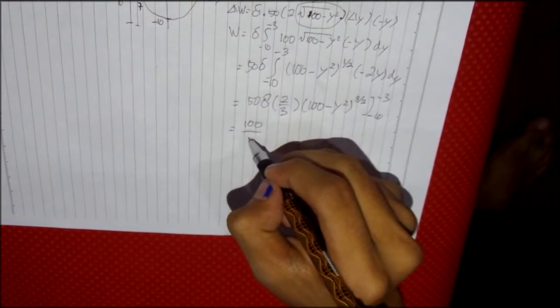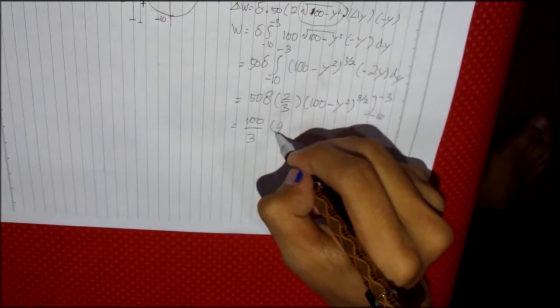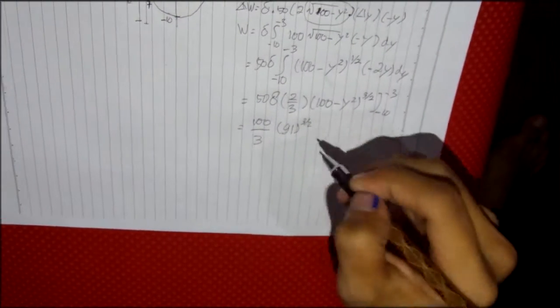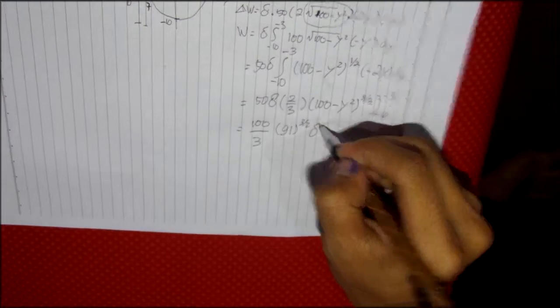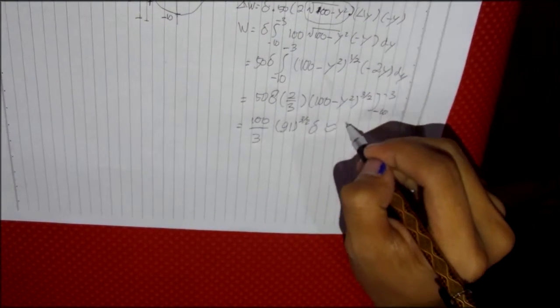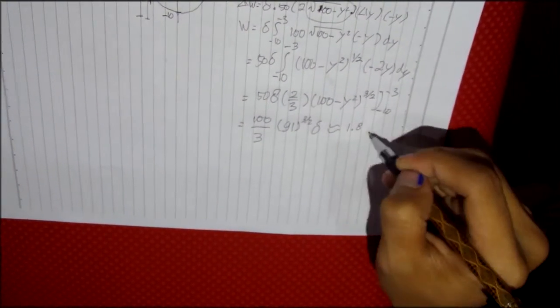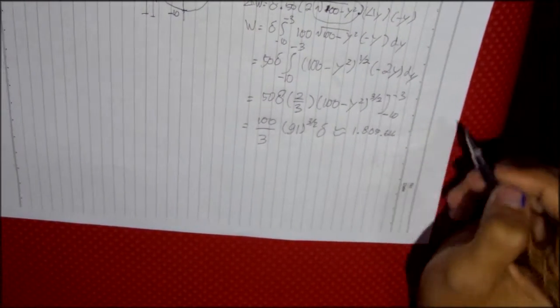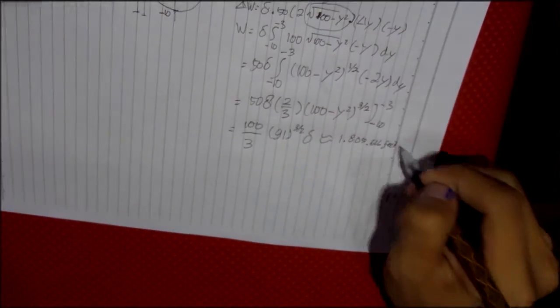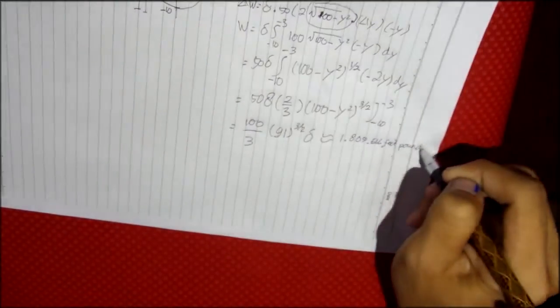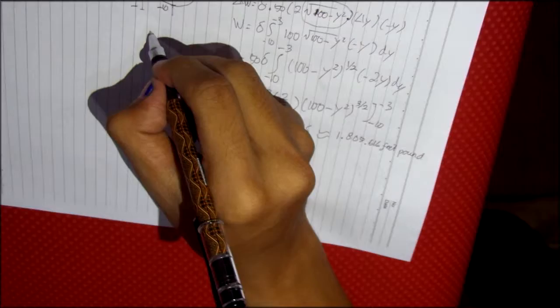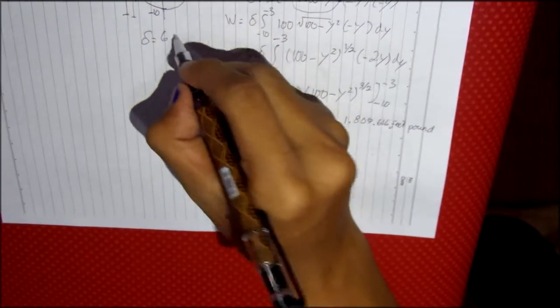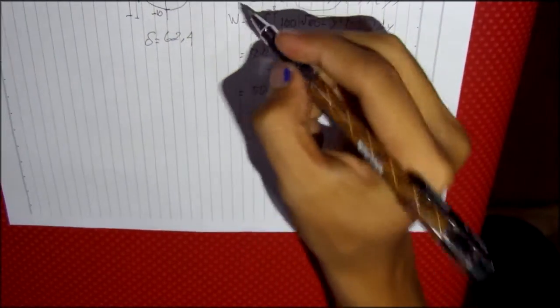100 over 3 times 91 over 2 times density equals 1,805,616 feet pound. The density of this liquid is 62.4.